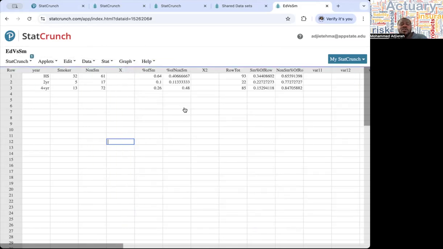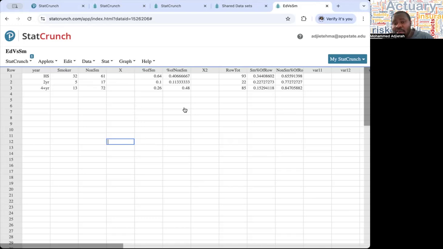Okay. So now I want to ask you, what do you think is the best graphical way to display a table like this? In our previous chapters, we learned about using pie charts and bar graphs to display categorical data.